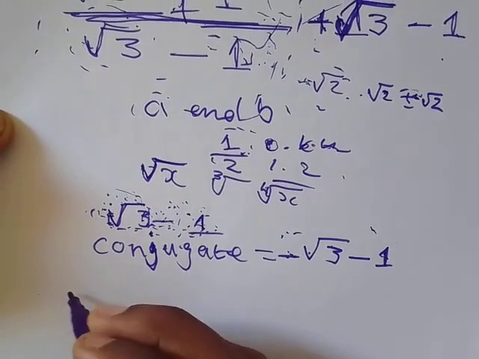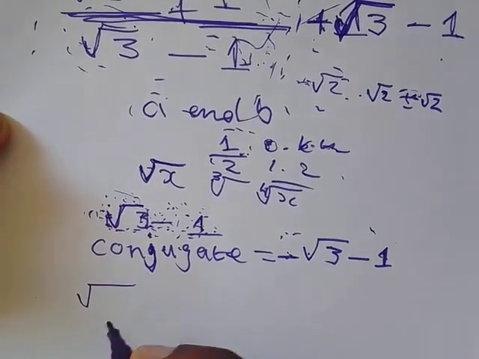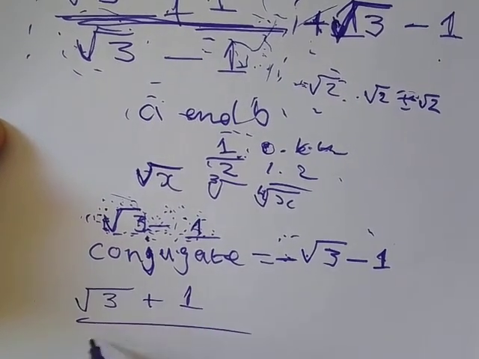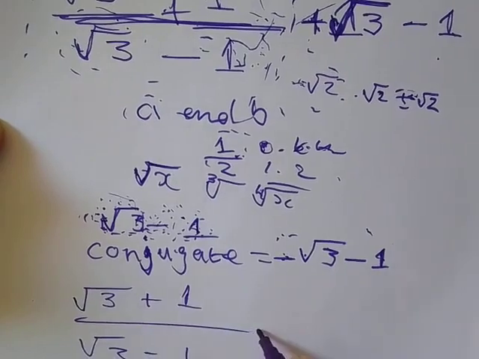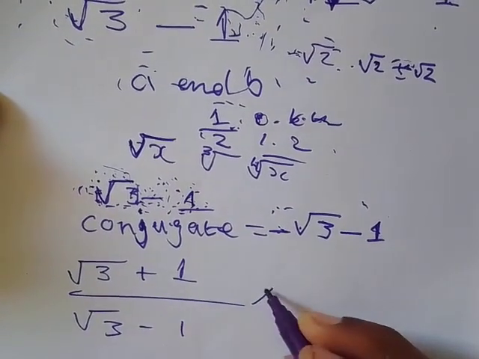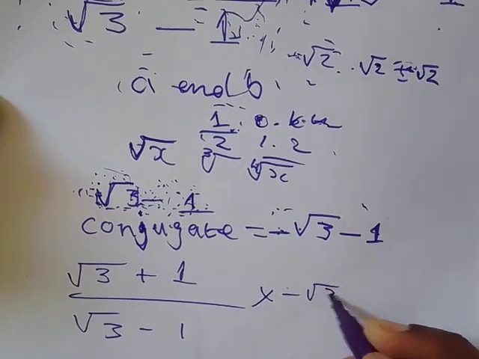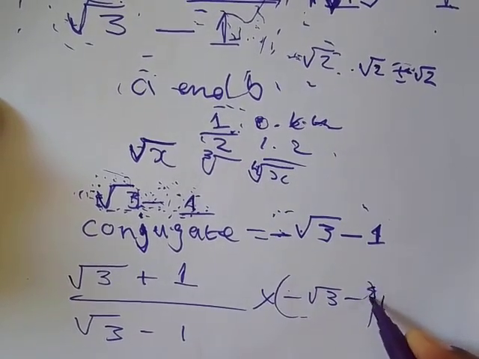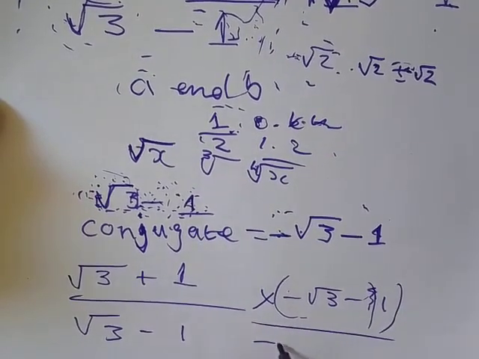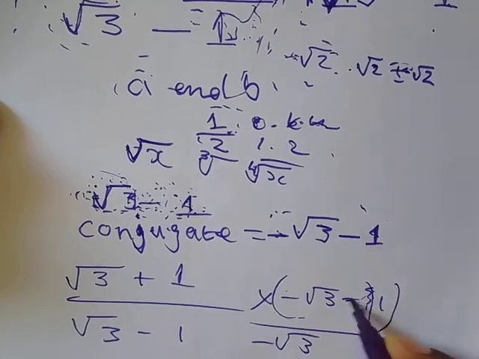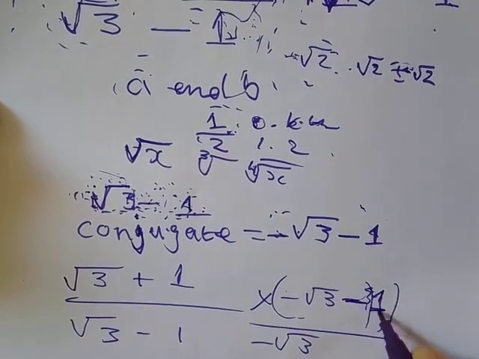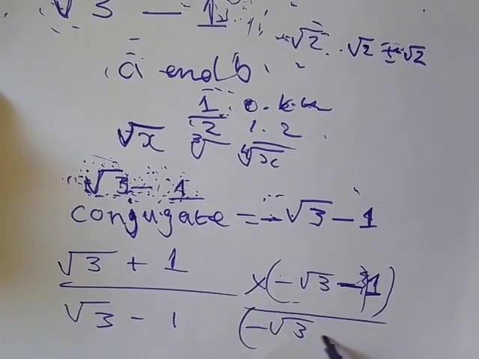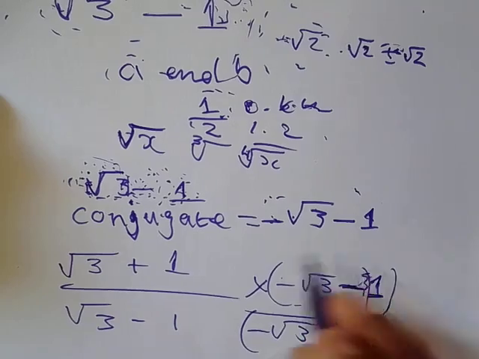So you're going to write plus 1 over minus 1, and then here you're going to multiply minus 3 minus 1. Sorry, I'll just write that again. Yes, minus, this is 1 here. And then you conjugate.